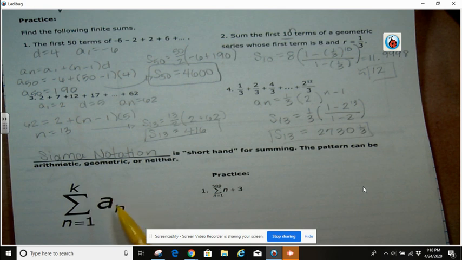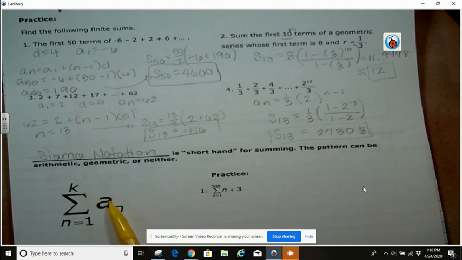It can be arithmetic if this is linear. It can be geometric if this is exponential, but it can be some other pattern depending on what this expression represents. If it's some other type of expression that is not linear or exponential, then it's some other pattern that is not arithmetic or geometric.